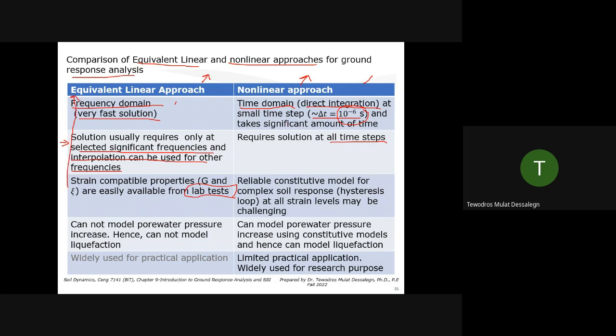That's why nowadays this is done in the lab and is an input to the equivalent linear approach. But the nonlinear approach relies on constitutive models for complex soil response. High stress loops at all strain levels may be challenging. There are some models developed and tested. They are very promising, but it's hard to get them for all soil types. As the soil changes, as the depth changes, it gets more complicated.